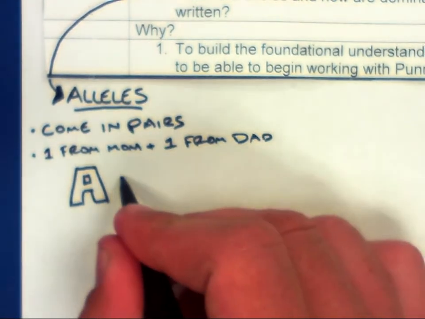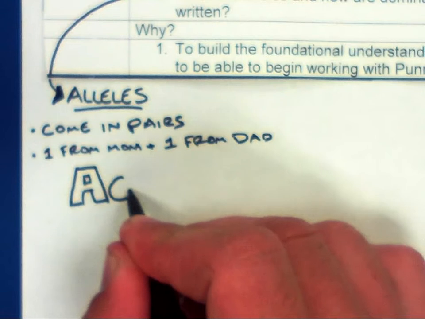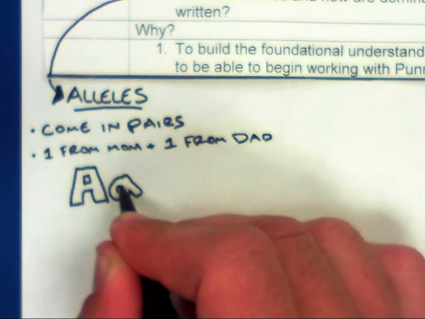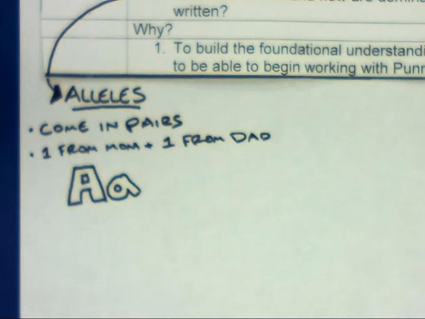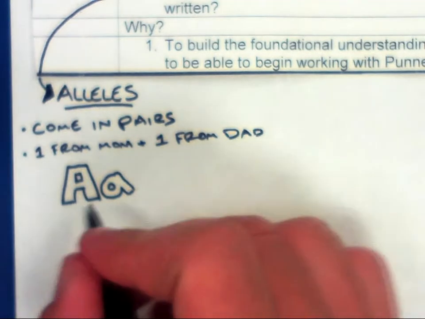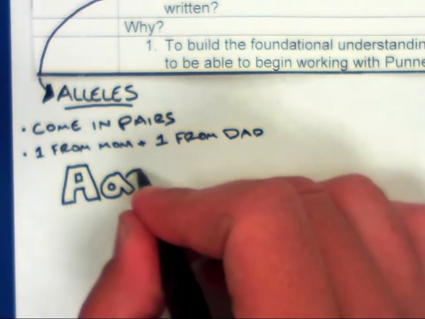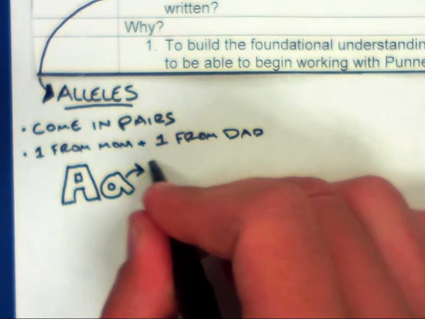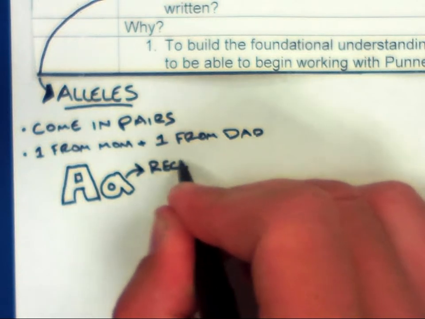And then there are recessive alleles, which are shown as lowercase letters. All right, so we said lowercase was what? Dominant or recessive? Recessive. So make sure we label that.